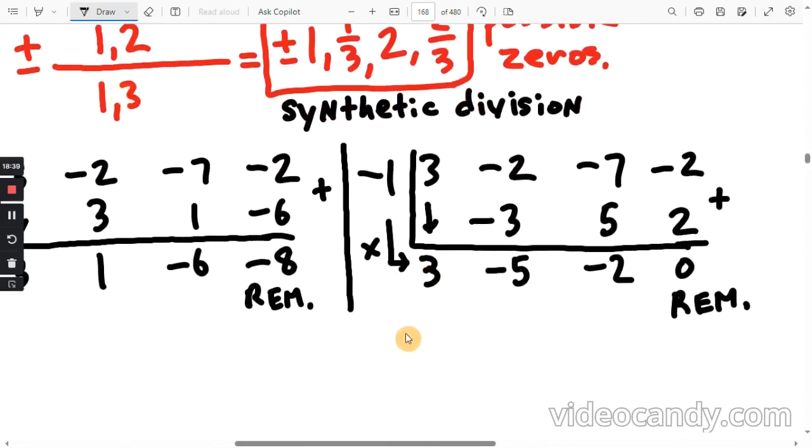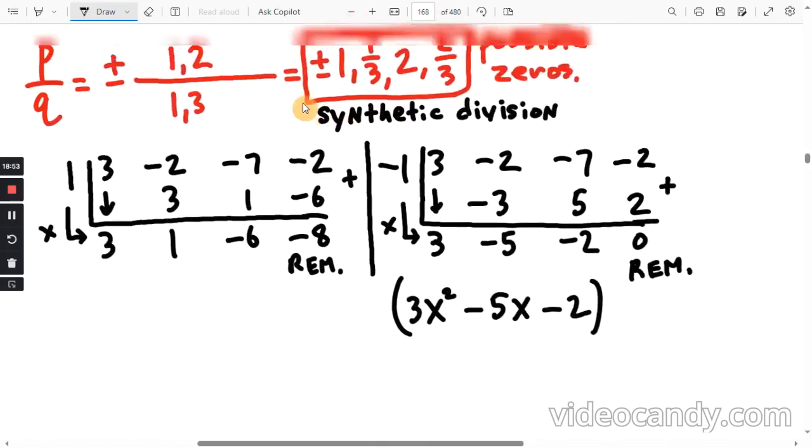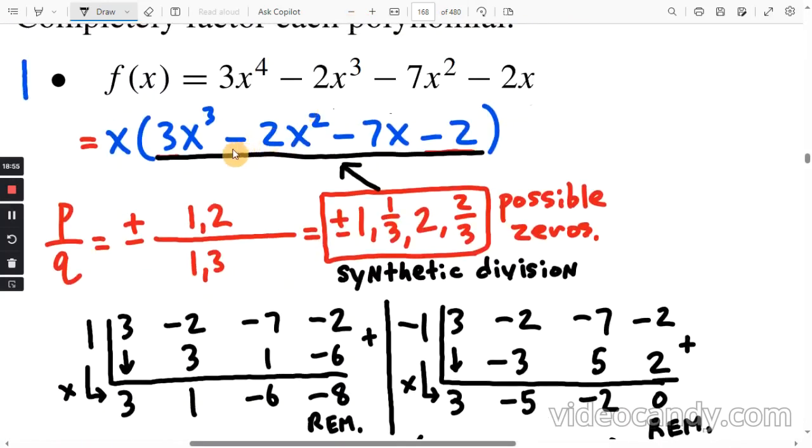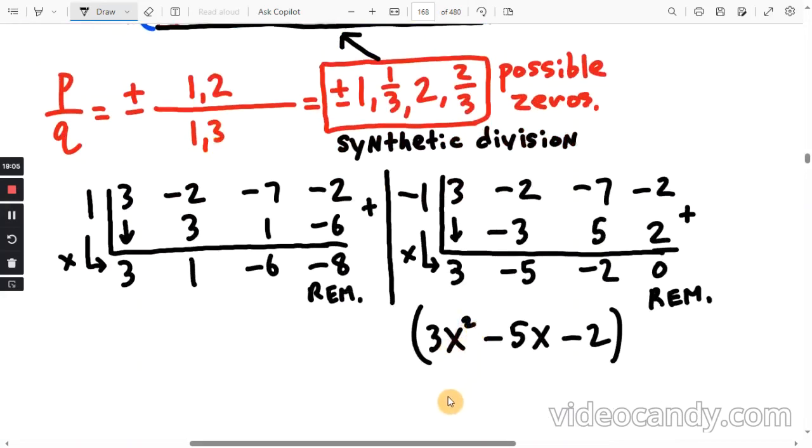So this is going to be 3x squared minus 5x minus 2. So when you use synthetic division, you take the leading exponent right here, and you have to reduce that by 1. So the x to the 3rd becomes x squared.